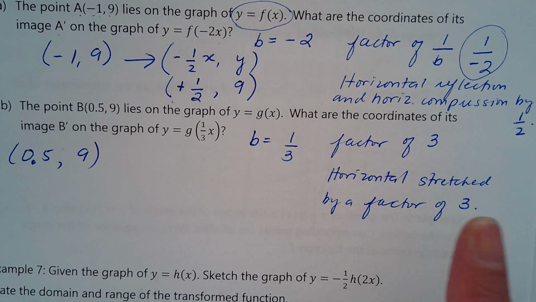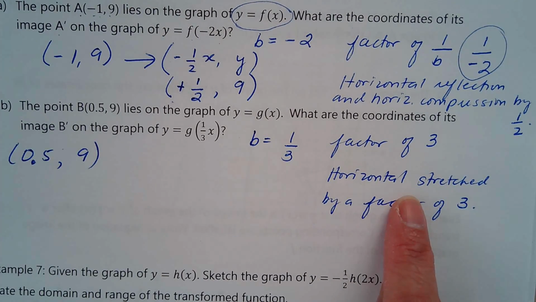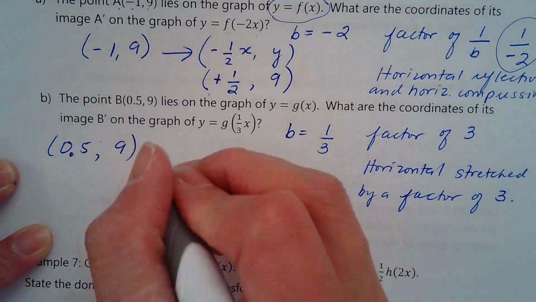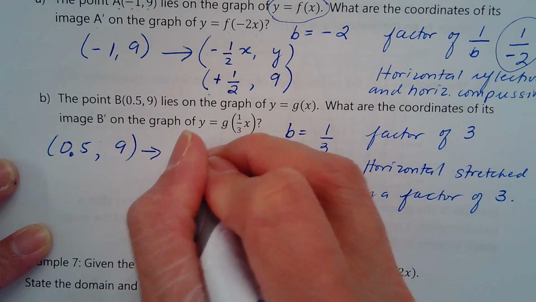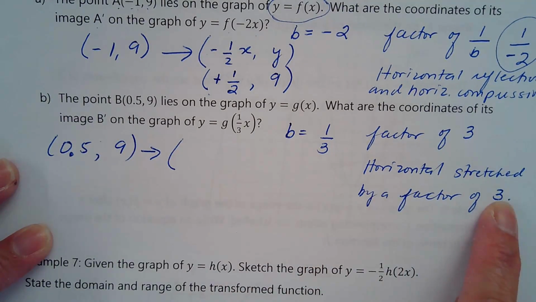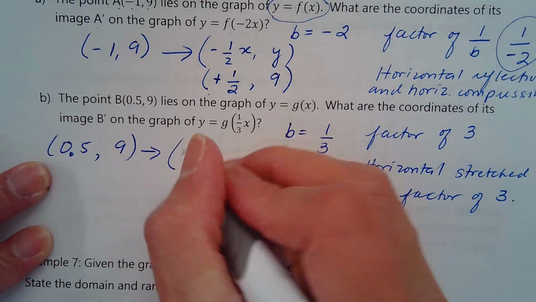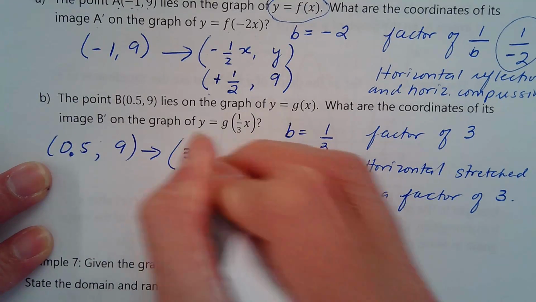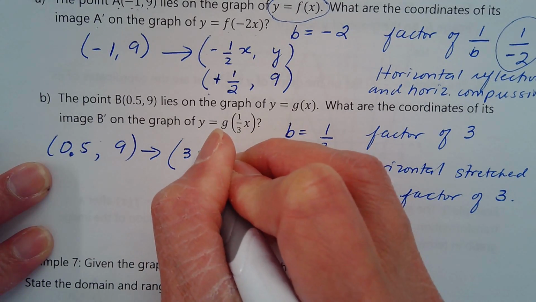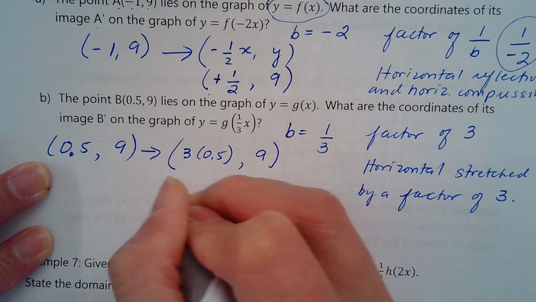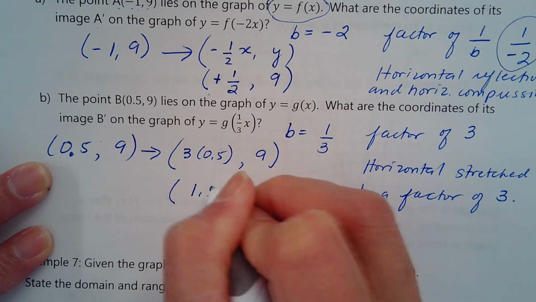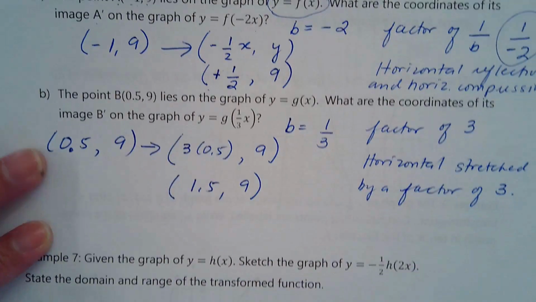So this one is horizontal, it's going to be 3 times 0.5 comma 9, so it's going to be 1.5 comma 9.